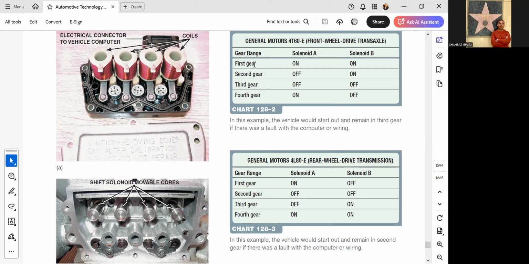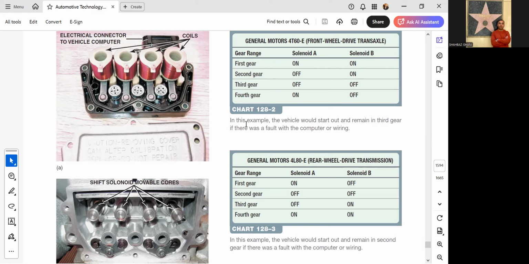We have gear ranges first, second, third, and fourth, and solenoid A and solenoid B. In first gear, both are on. In second gear, A is off, B is on. In third gear, A is off, B is off. In fourth gear, A is on and B is off.